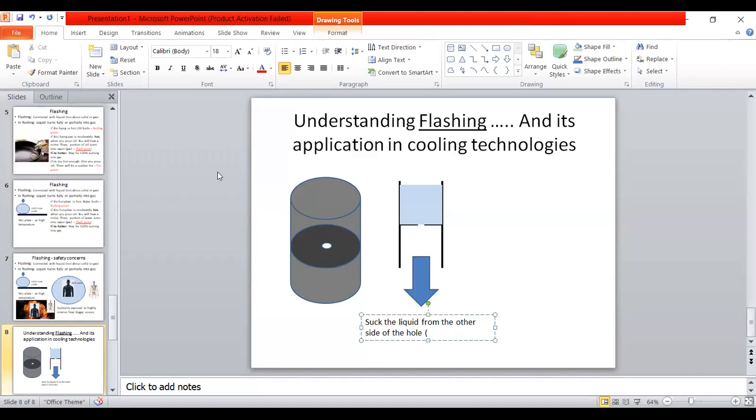This is not a pinhole, but anyway, I will use the word pinhole to show it. Suck the liquid. Maybe we use a pump or whatever, we can suck this.